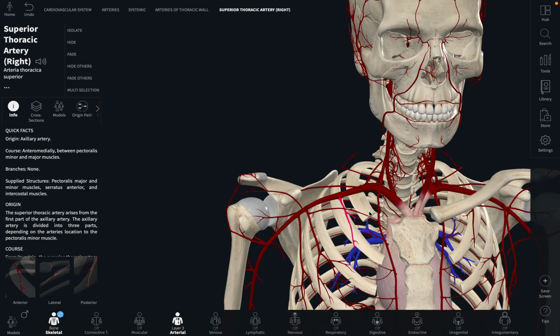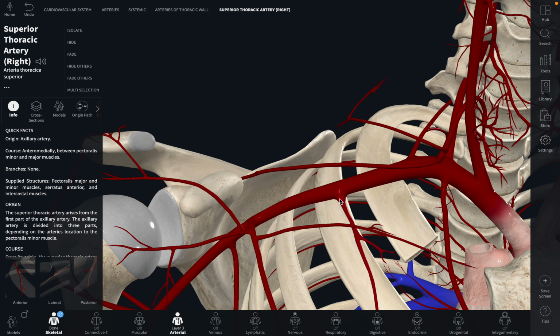You can tell them that the breast is going to be supplied by the superior thoracic artery, because see where the superior thoracic artery is. Once you know these arteries of the upper limb, you'll be able to talk about the arterial supply of any muscle, any tissue.